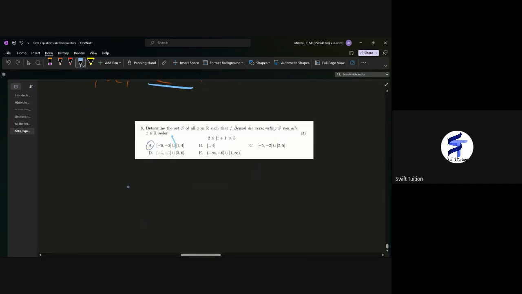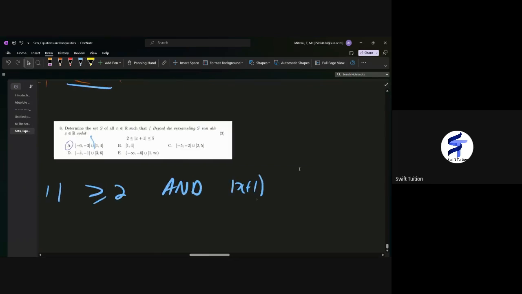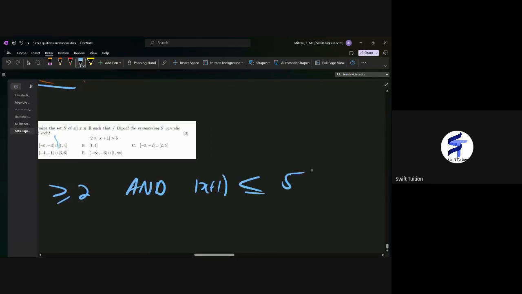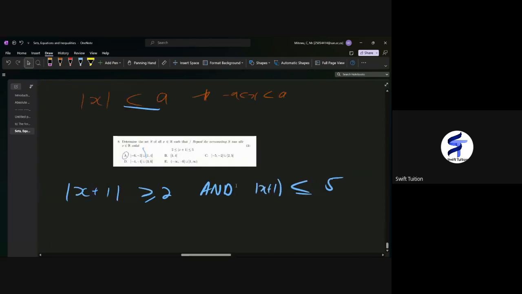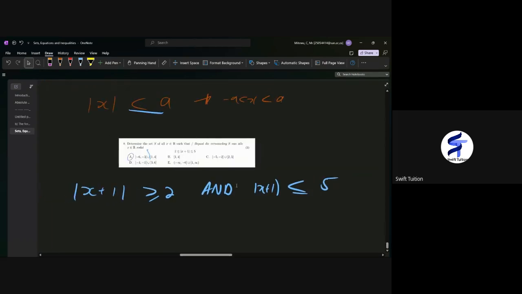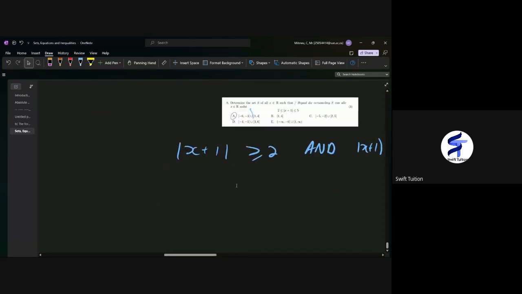We understand that the absolute value of x plus 1 is expected to be greater than or equal to 2, but at the same time, it is expected to be less than or equal to 5. Those are our expectations. So we are going to solve for these individual sets, and then we're going to find their overlap. So to solve for individual sets, this is greater than, so we're going to be on the outside of plus or minus 2.